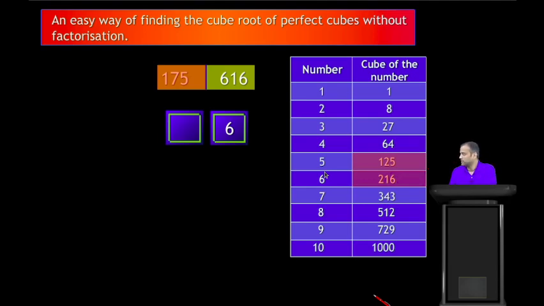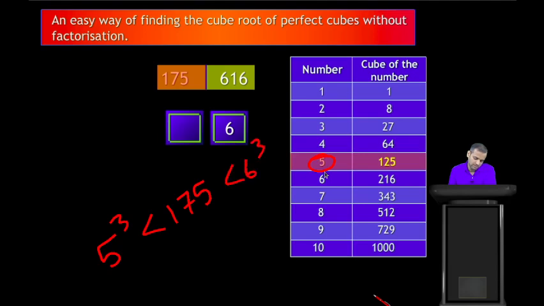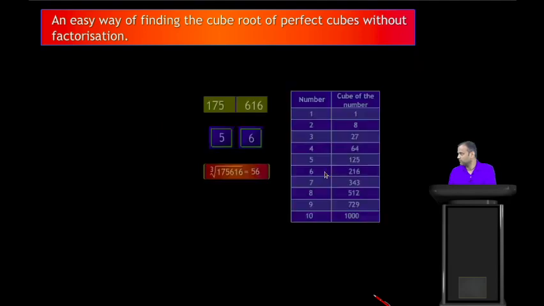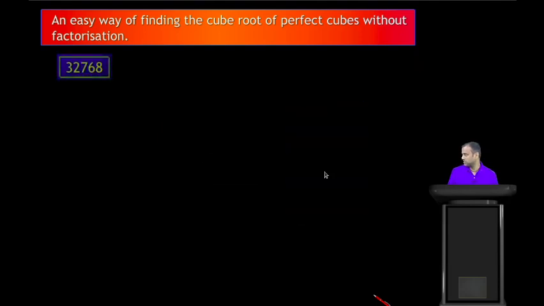So it lies between 125 and 216, and then we will pick the lesser number, the lesser digit. So we can write this one as 5 cube, 6 cube, and we will pick the lesser number from here. So we can pick 5. So the cube root of this number is, yes, it is 56.